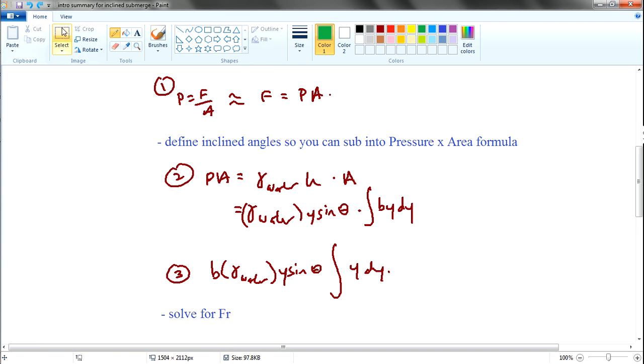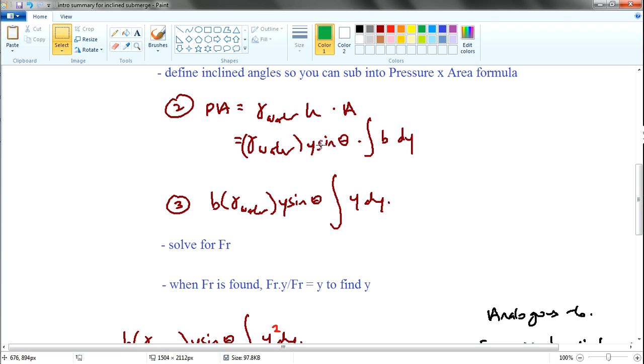This portion, from the previous video, the picture. So P A equals, as we expand, h is in terms of y sine theta. But if you expand the area, it's actually b multiplied by dy. This is the key thing I didn't show you.